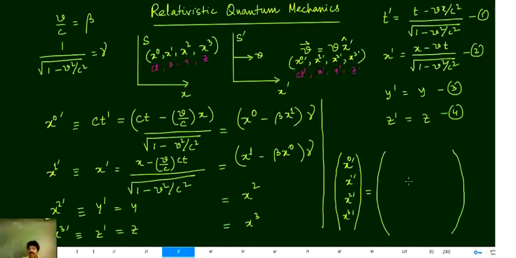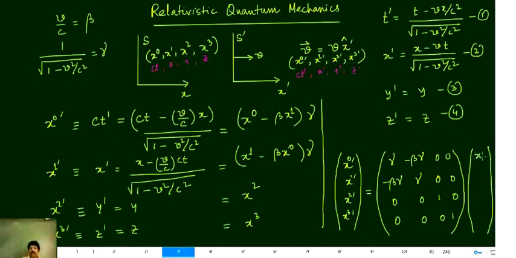Just plug the values in: gamma, minus beta gamma, 0, 0, then minus beta gamma, gamma, 0, 0, then 0 0 1 0 and 0 0 0 1, times the unprimed column vector x0, x1, x2 and x3.